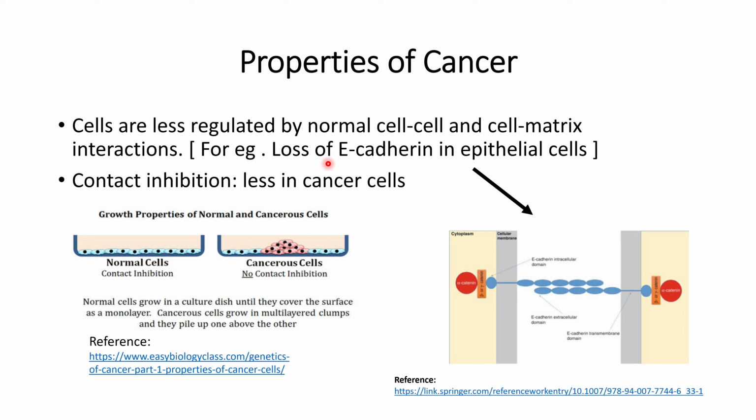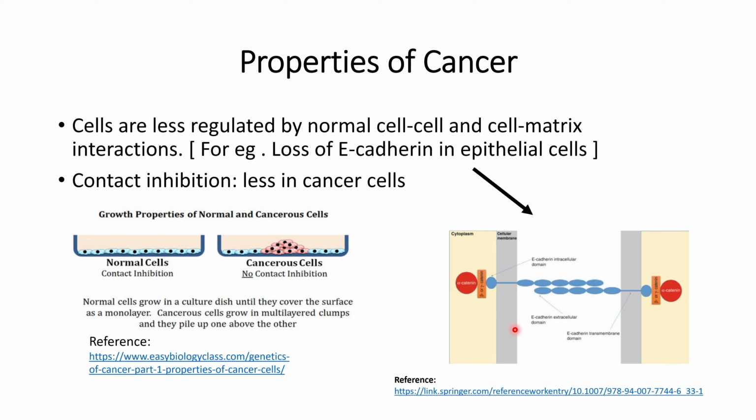And this is the example of the epithelial cell, that is loss of E-cadherin. The usual function of E-cadherin is to make adhesion between two epithelial cells, and that restricts their movement. This is how the epithelial cells interact with each other with the help of E-cadherin.